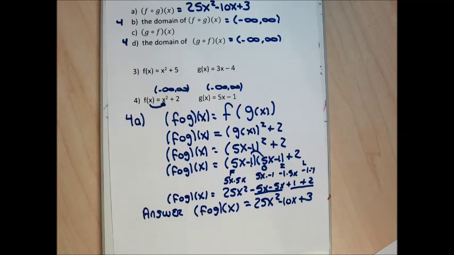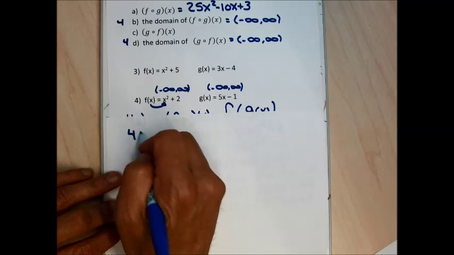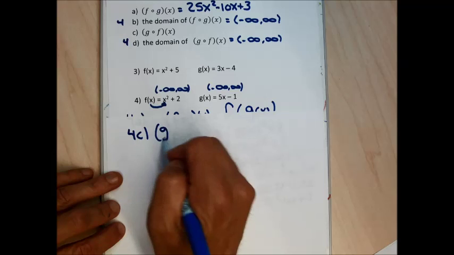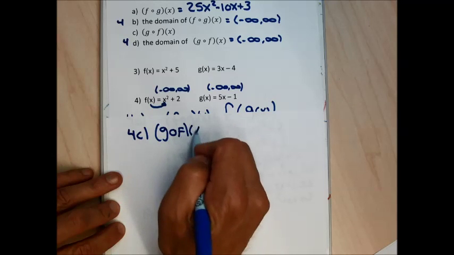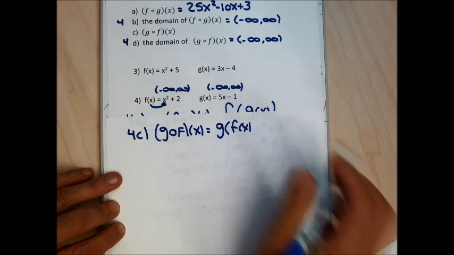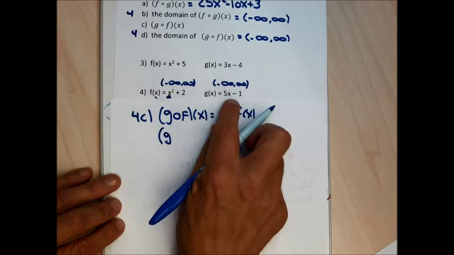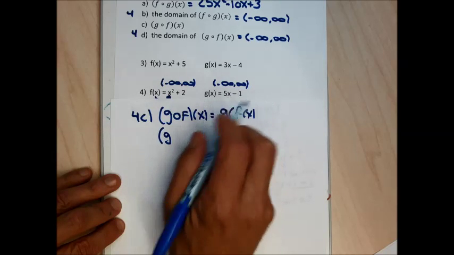For part C, to do g composed with f of x, g composed with f of x is the same as g of f of x. And to do g of f of x, I need to replace in the g function that x with an f of x.